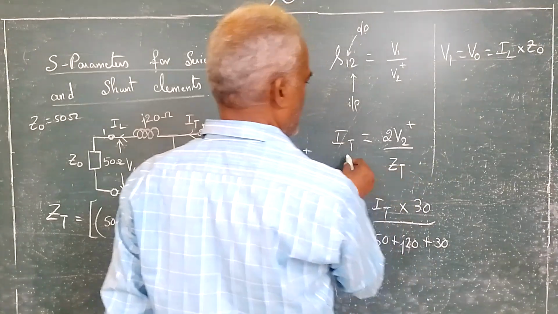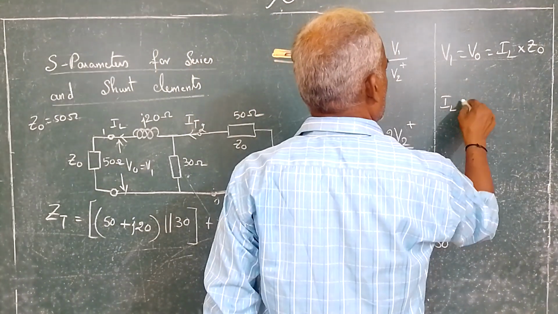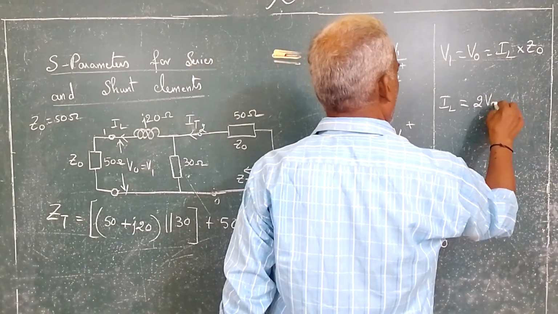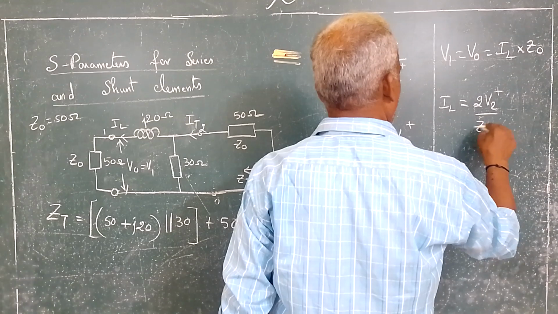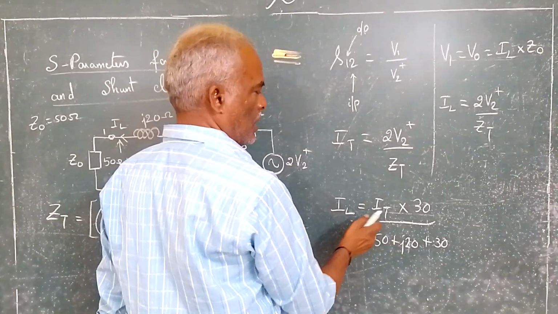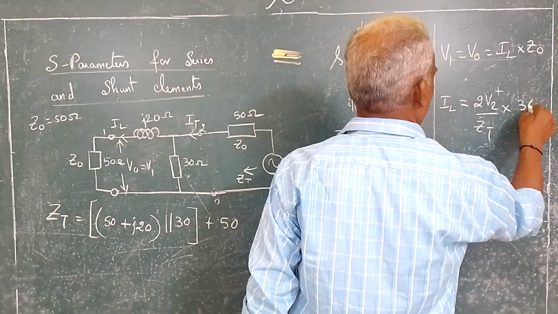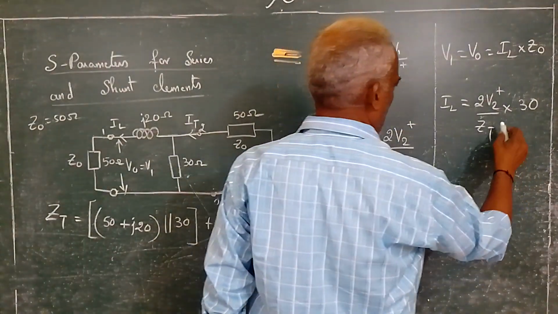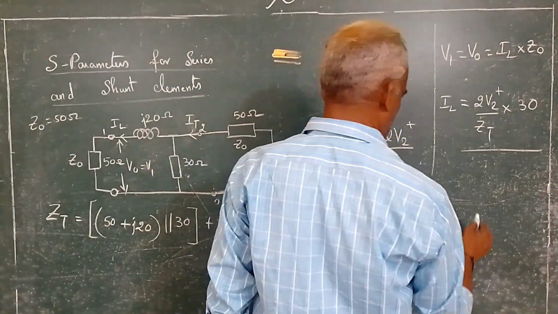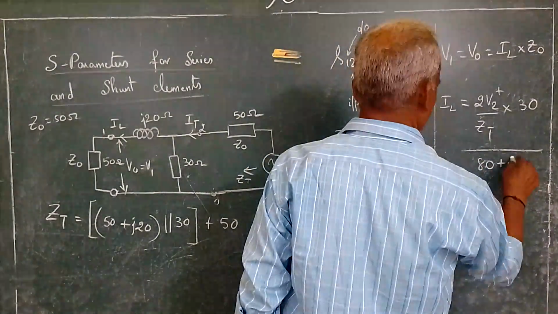So here IL is equal to IT, which is 2V2 plus by Zt, total current, into 30 by this value, 50 plus 30 is 80 plus J20.